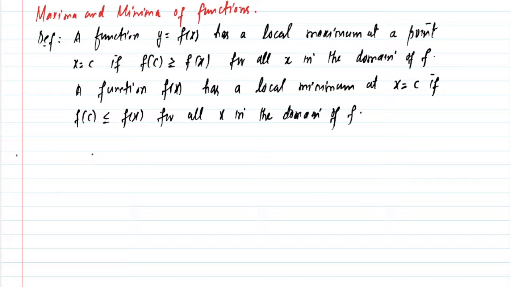So therefore, if f of c is the smallest value of f of x in some particular domain of f, then we call c a point of local minima, and f of c is the local minimum value. And similarly, if f of c happens to be the largest value of f of x for all the values of x in the domain of f, then we say c is the point of local maxima, and f of c is the local maximum value of f.